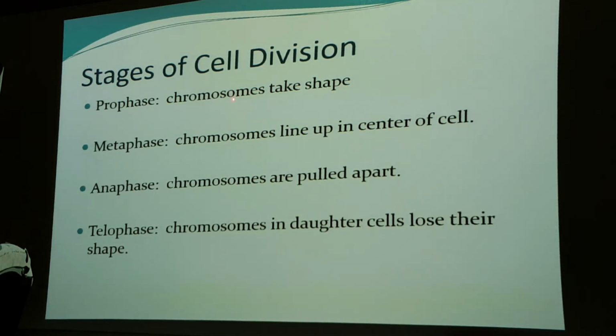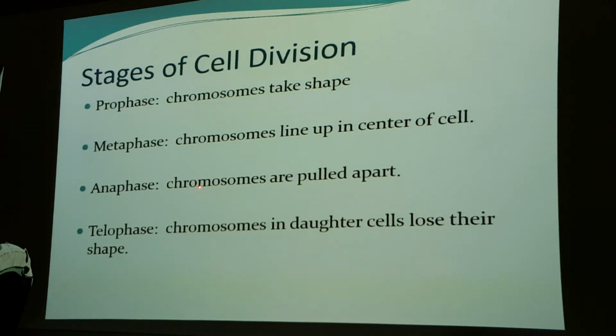Pretty amazing. And they take on these distinctive shapes that allow you to say, oh, that's a chromosome 6, or that's a chromosome 13. Metaphase is where they line up down the middle in a very orderly fashion, like a bunch of little soldiers. Anaphase is when they're pulled apart in a very orderly fashion.